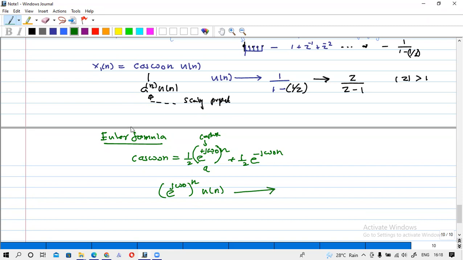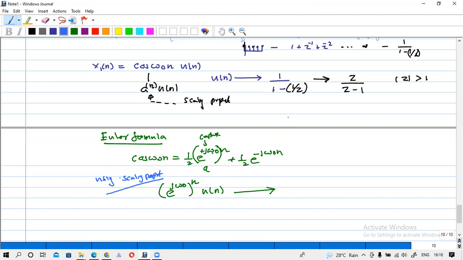What is this? Using the scaling property. You can also go through your basic method, then you will get the same result, but I am using the scaling property here.